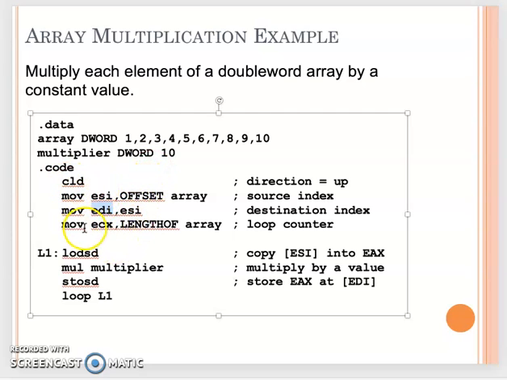Here, no matter whether we use a repeat or a for loop, we need ECX. Every time I need to load from ESI to EAX, multiply, and update the data back to the array. Because I have multiple instructions to do, I cannot use a repeat, so we go back to the loop, and that's why we have L1.